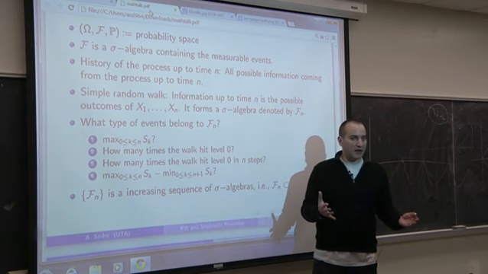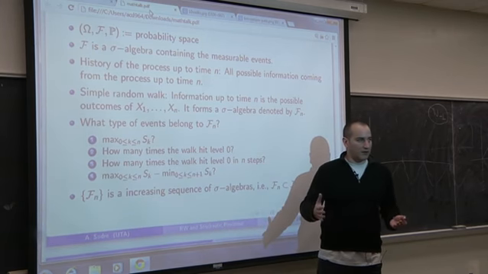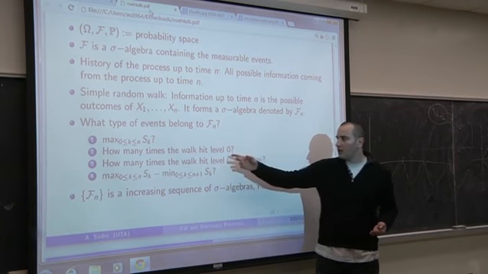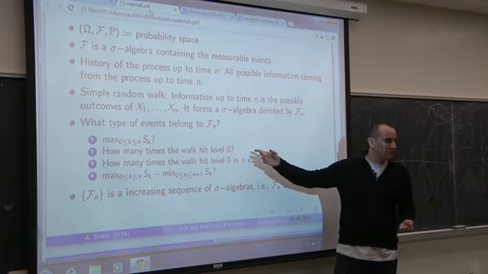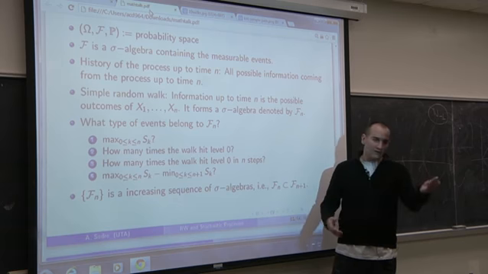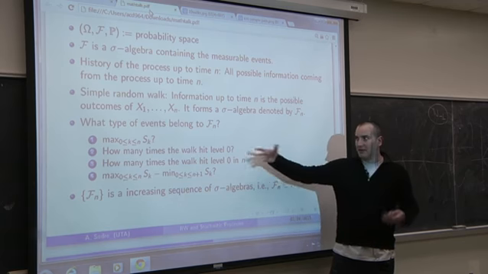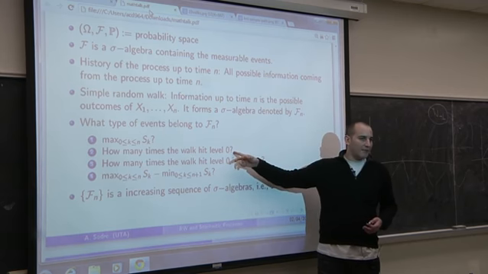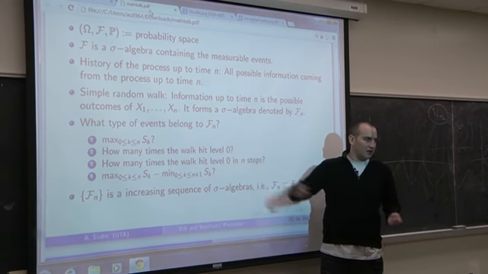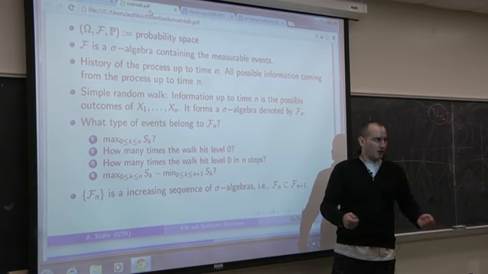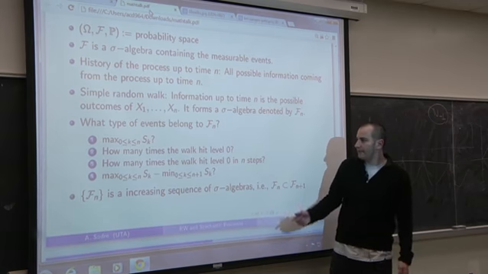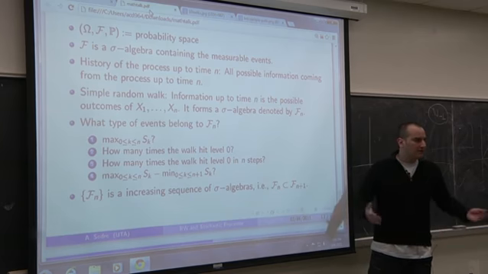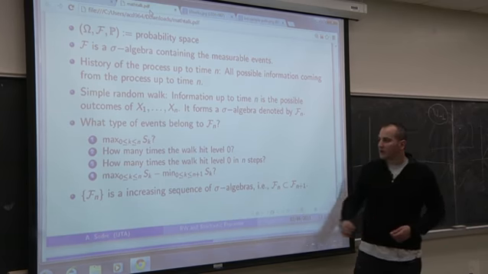That's information that I have once I see n realizations. How many times did the walk hit level 0? We know it's infinitely many times in the balanced case, but I can measure how many times the walk hit level 0 in n steps, looking only at the first n coins.